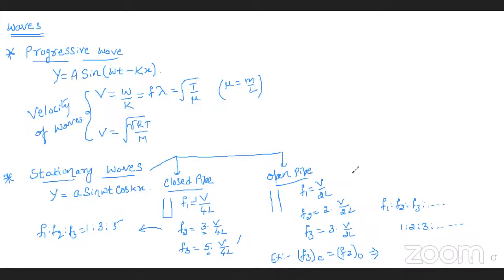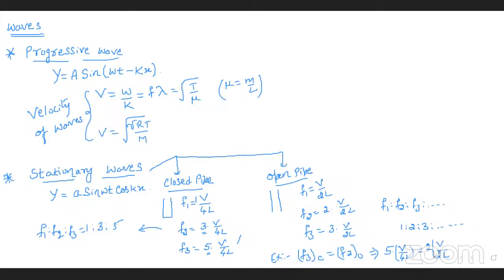For closed pipe, it is V by 4L. For F3, the 1:3:5 ratio, you have to write 5 times of V by 4L. 5 times of V by 4L must be equal to the second frequency of the open pipe. For open pipe, it is V by 2L.